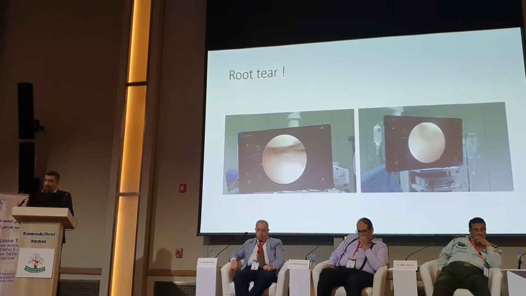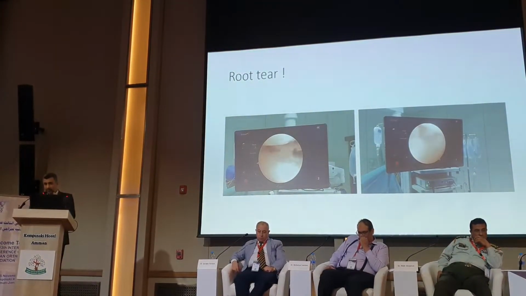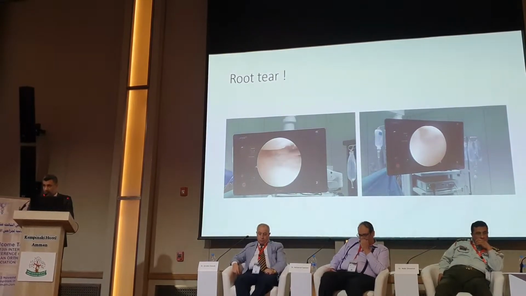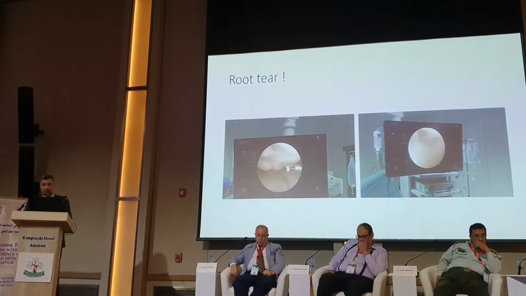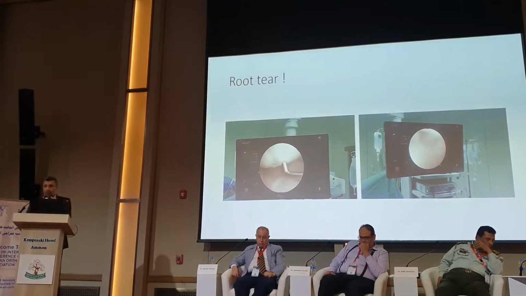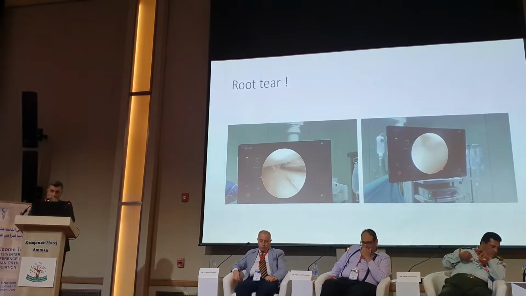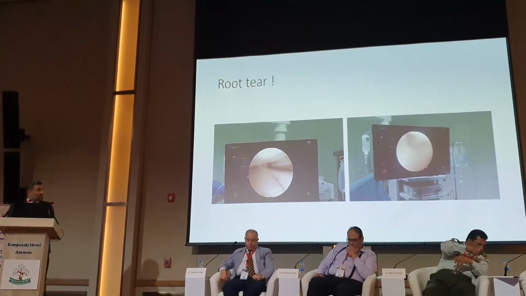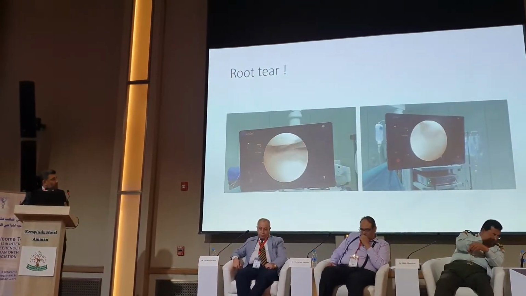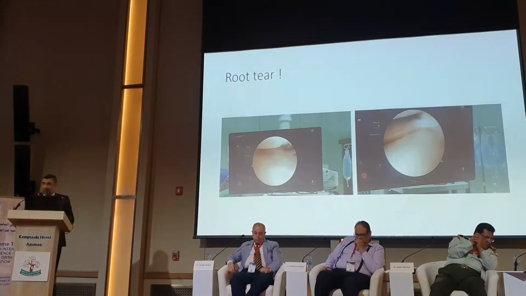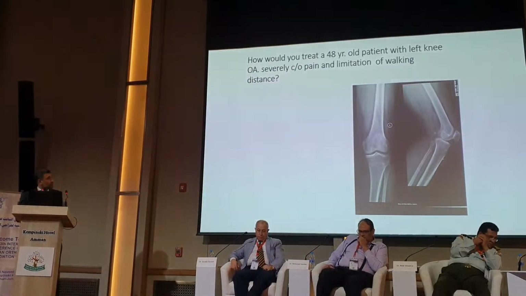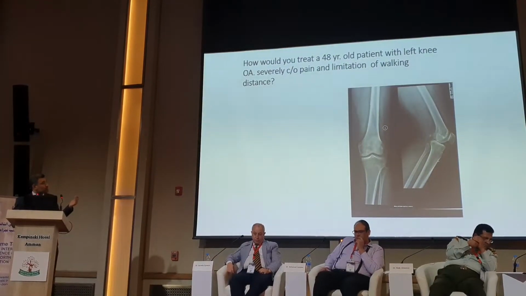This is very important, because I see a lot of patients with root tear which was not apparent on MRI. So in all my patients when I do osteotomy, I probe the root, because sometimes it looks good, but when you probe it, it becomes apparent. So we have to do arthroscopy to make sure of the lateral compartment, and after that to repair and do our procedure.